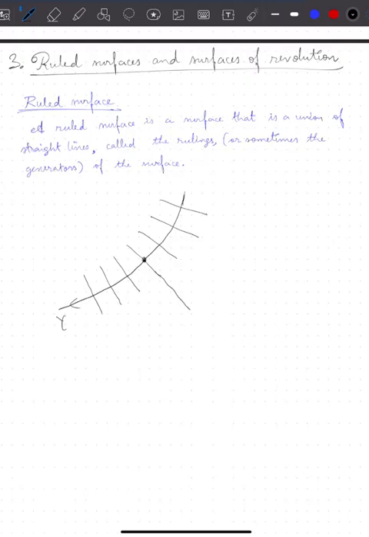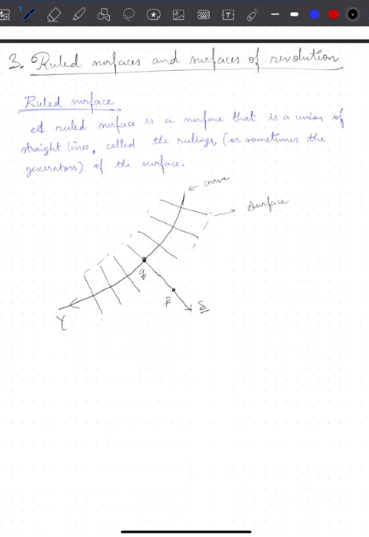We have this point, Q vector, which lies on the curve, and the lines collectively form a surface. So you have Q vector here and some P vector, and this direction is given by delta vector.